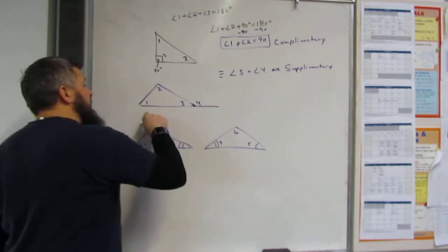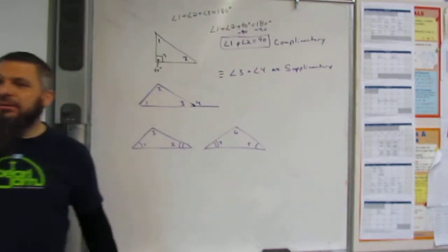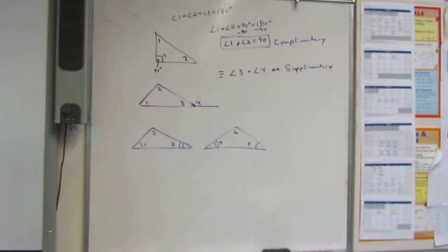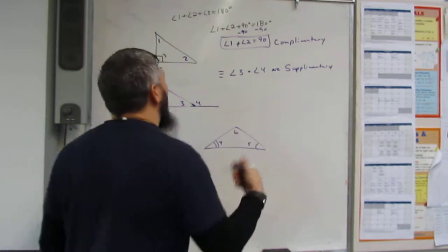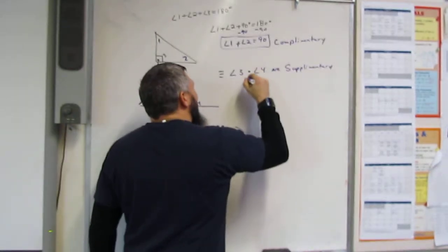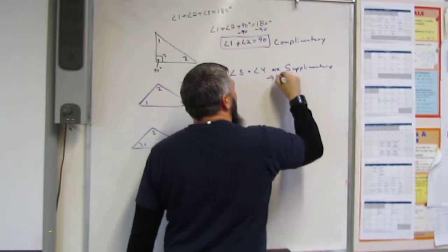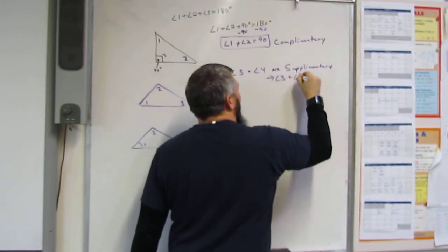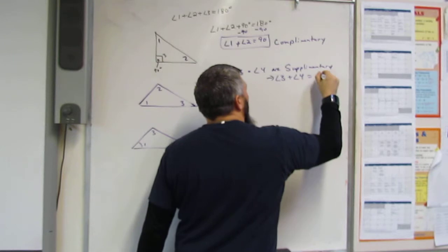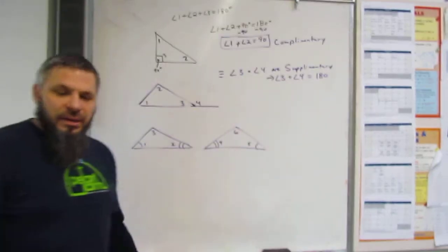Well, what does 1 plus 2 plus 3 add up to be? 180, right? So, in other words, 3 plus 4 equals 180, right?